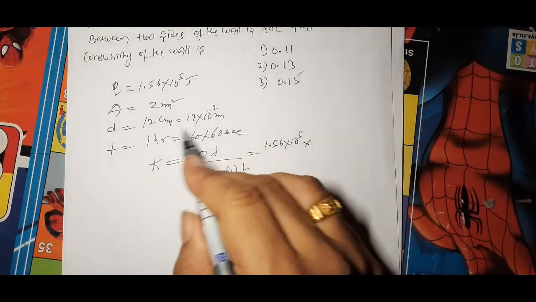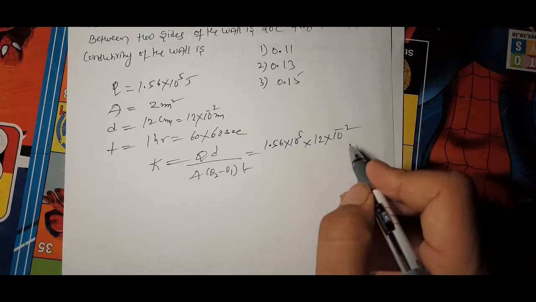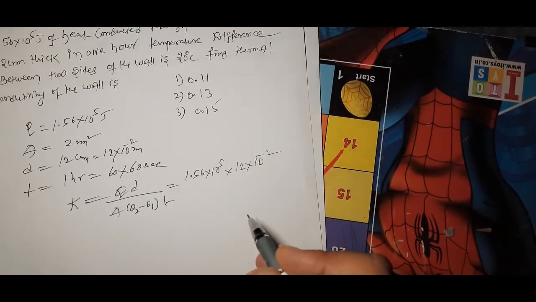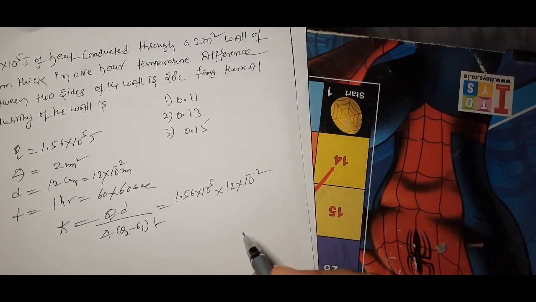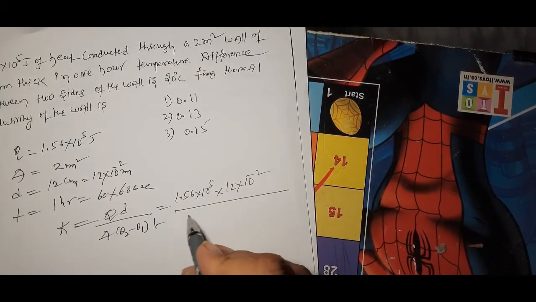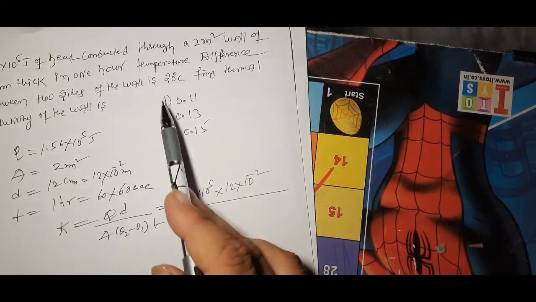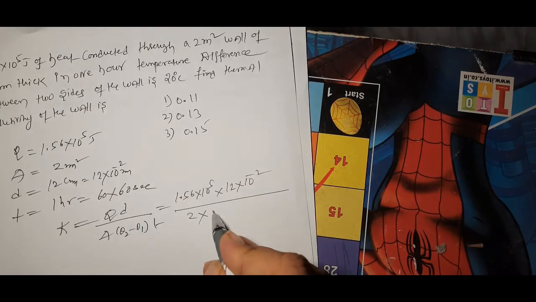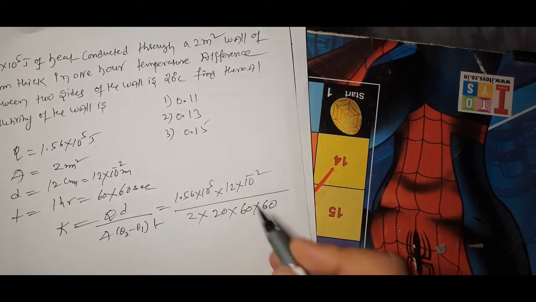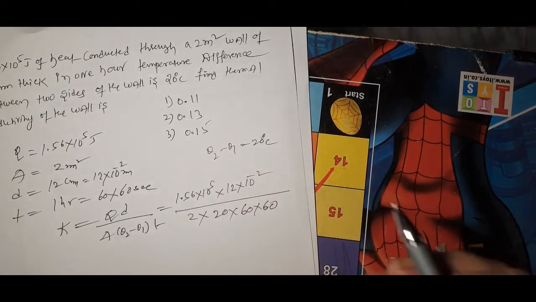D, thickness, 12 into 10 to the power of minus 2, divided by area 2 meter square. Temperature difference how much? 20 degrees centigrade. T is 60 into 60. Here theta 2 minus theta 1 is equal to 20 degrees centigrade.